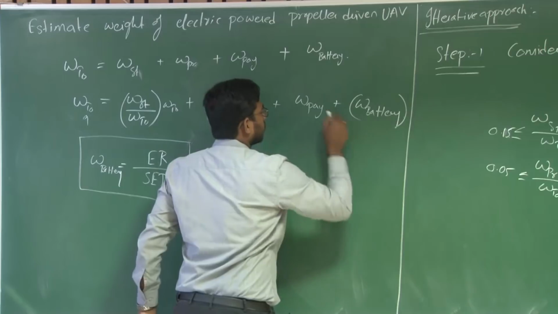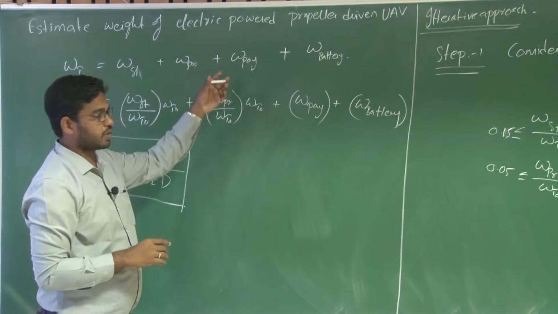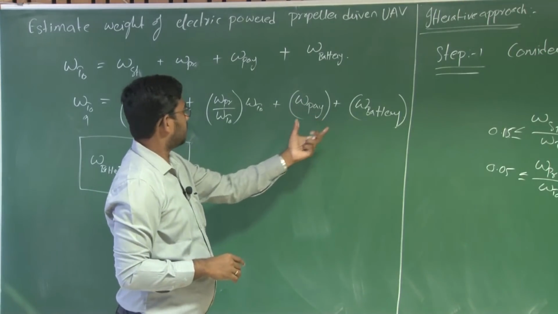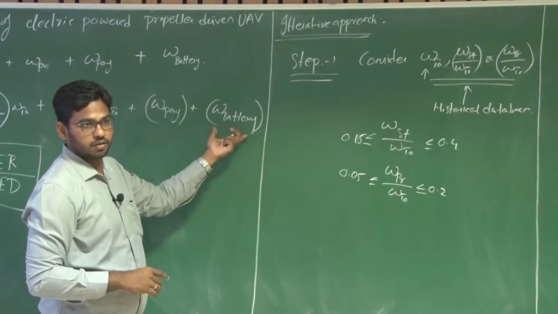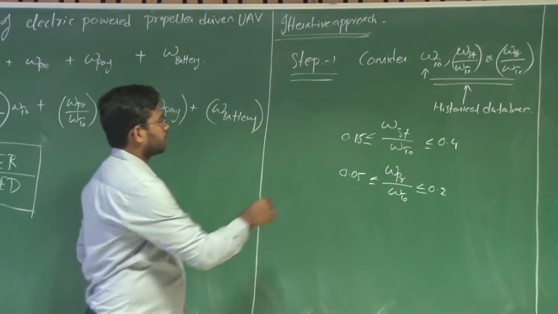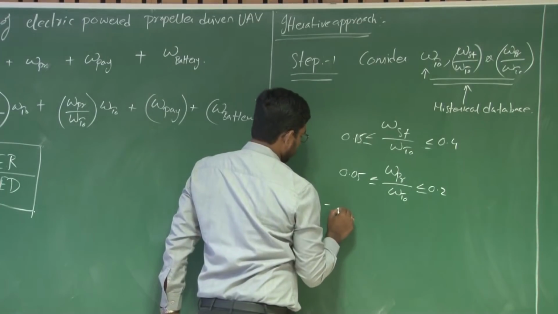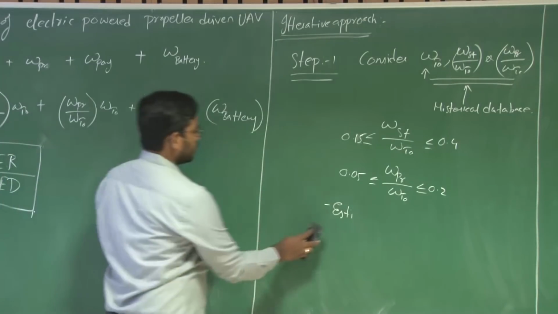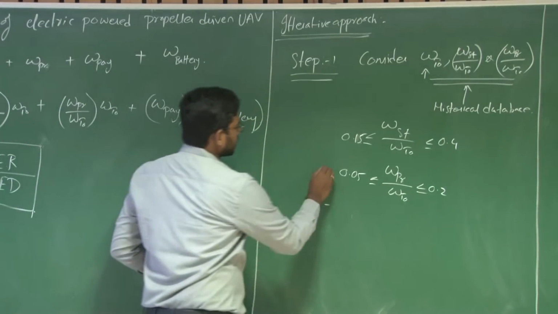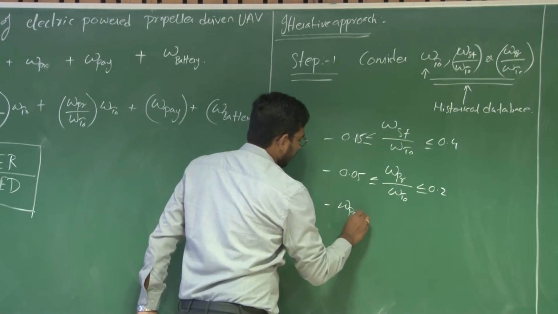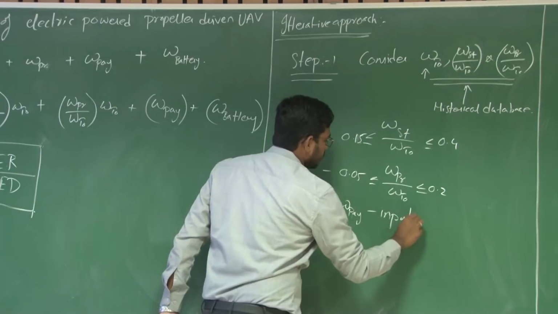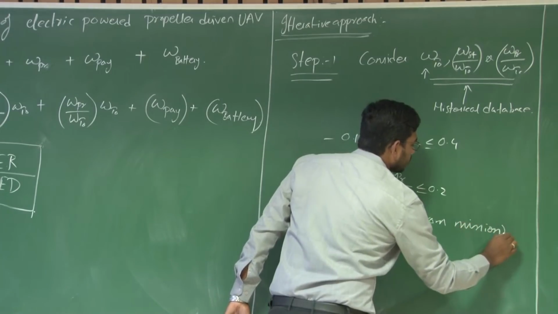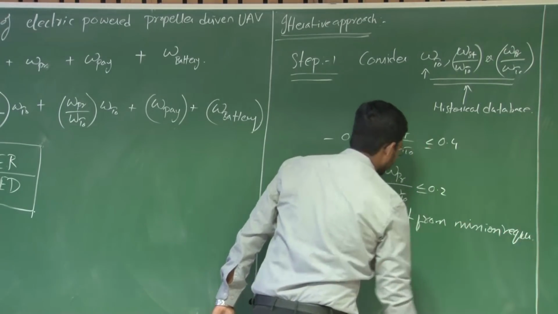So initially, you know the payload and the mission requirement, right? So that means this is known here. Let us say if this is known, then using these parameters you can get an initial idea of this battery weight, where W payload is an input from mission requirements, right?